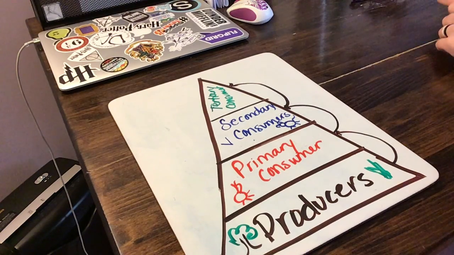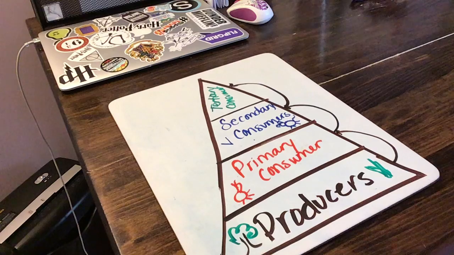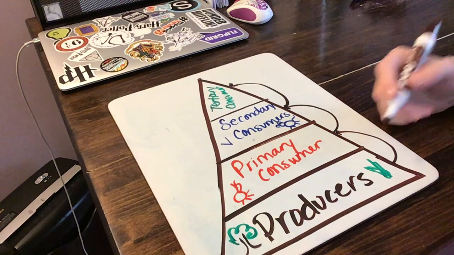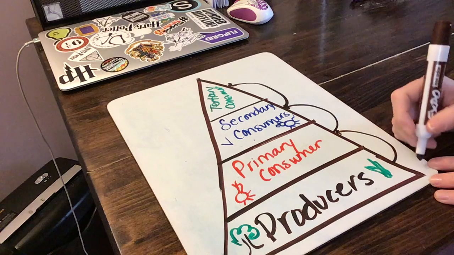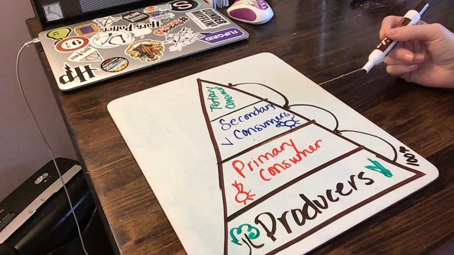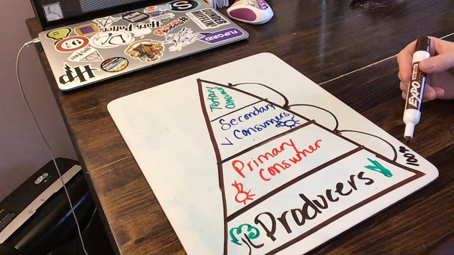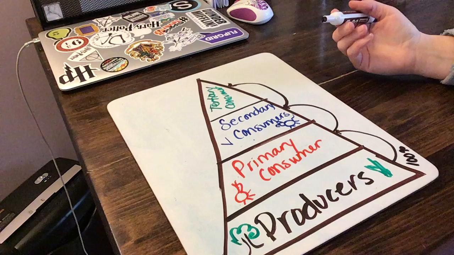Now, energy is passed through this pyramid, but the amount of energy available is going to decrease as we go up this pyramid. Okay, so if we can imagine for a second that the producers have 100% of the energy. I'm going to write a 100% here. Okay, they have 100% of the energy. Each time you go up a level, you're actually only passing 10% of the energy.